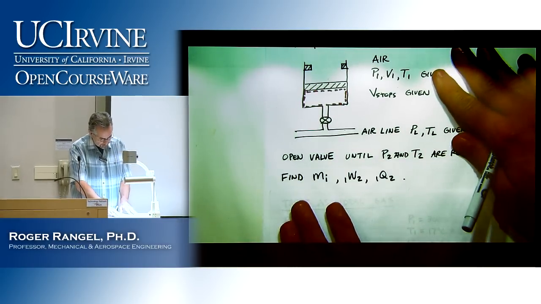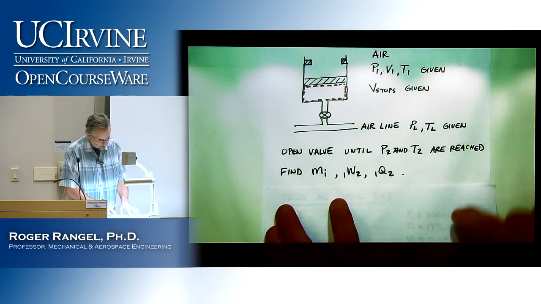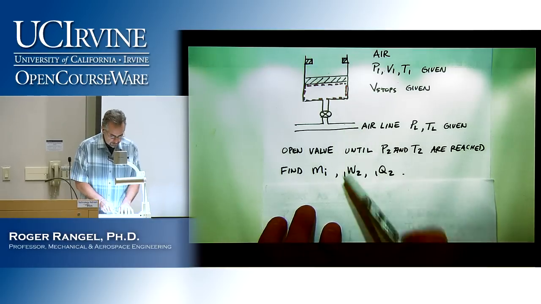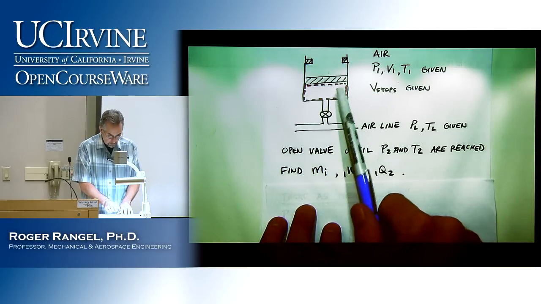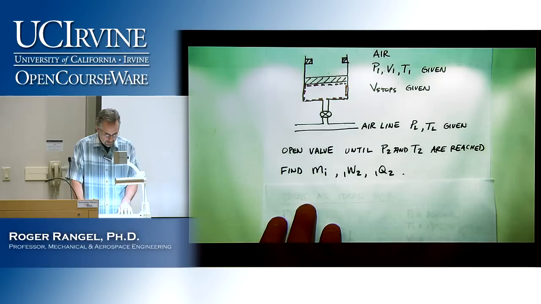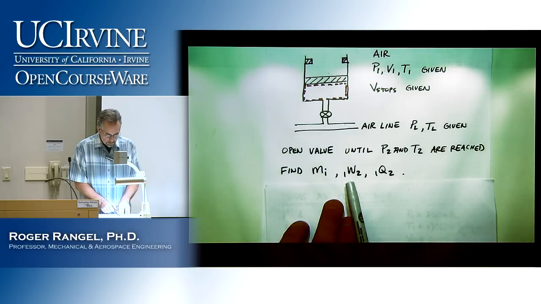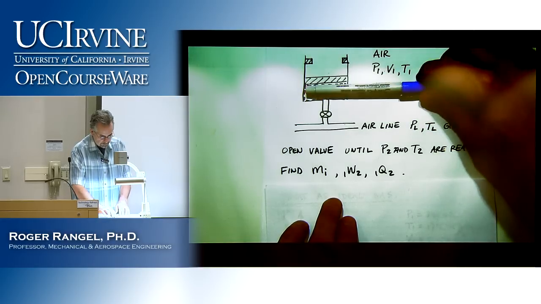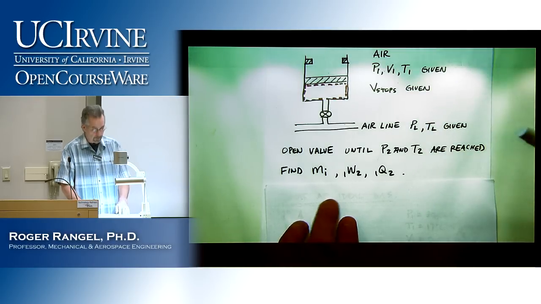And then we're asked to determine how much air flowed into the cylinder. We're also asked to determine how much work was done by the air. Remember, the air is going to be pushing this piston up, and in doing so, will be doing work.